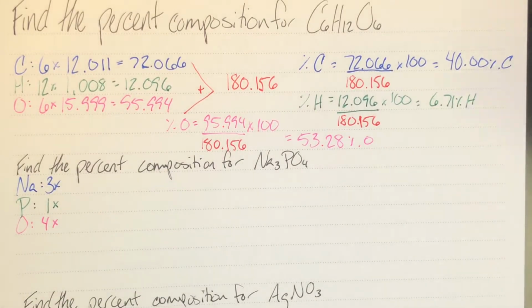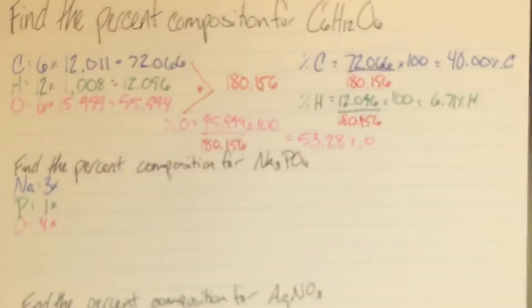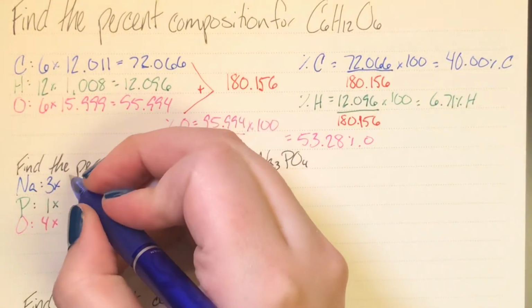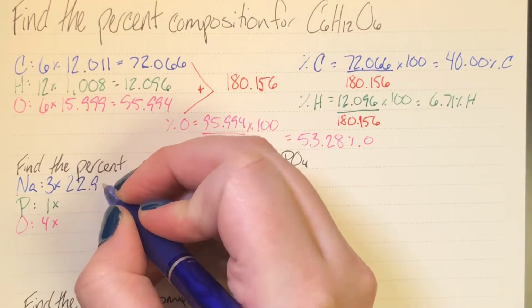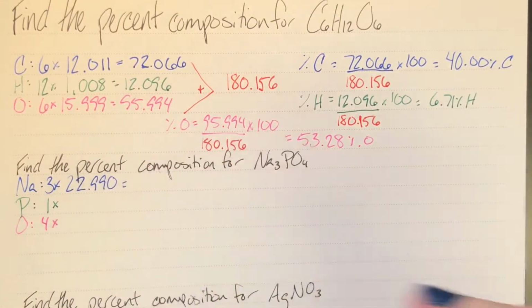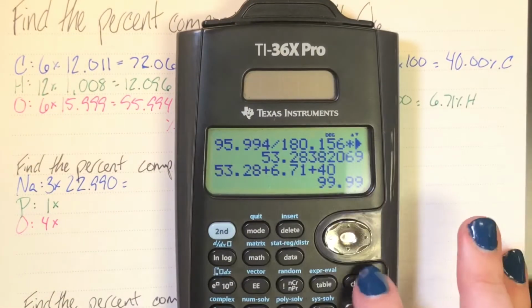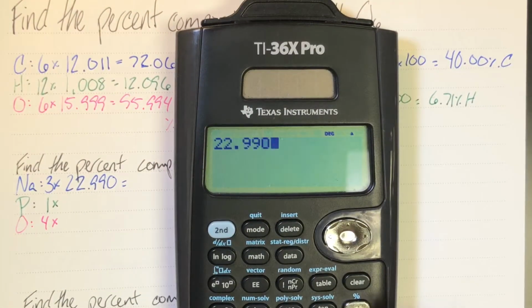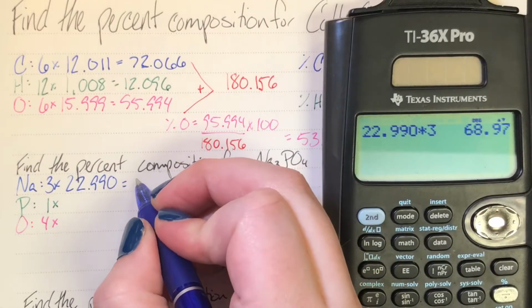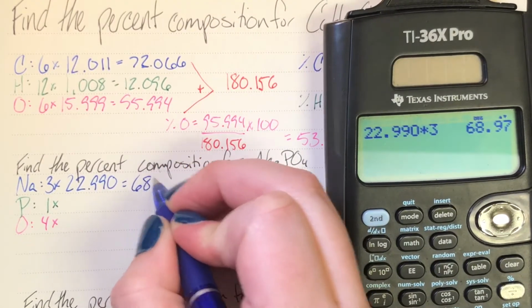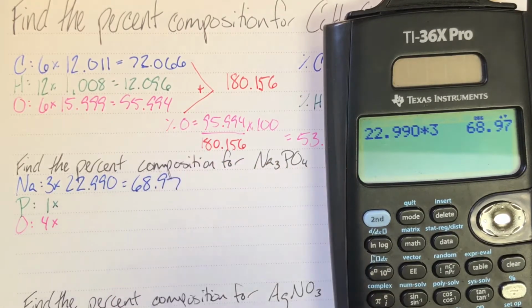So sodium's mass from the periodic table is 22.990. Times 3, that gives me the number 68.97.